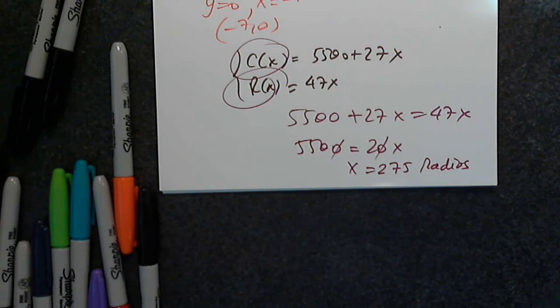Now, in order to determine the break-even point, this is not just x, right? It's a point. So I have to have the x value and the y value. It doesn't matter where I plug it in because they are the same. At that point, if I take 275 and I plug it in the cost or I plug it in the revenue, it doesn't matter. The answer must be the same. We started with that, right? We started by setting them equal to each other.